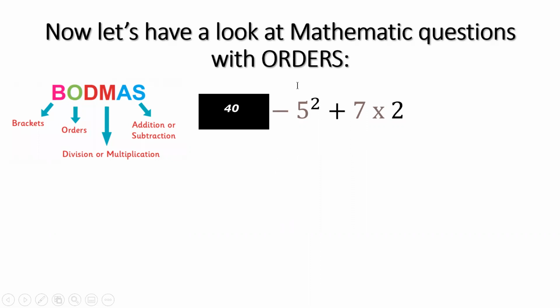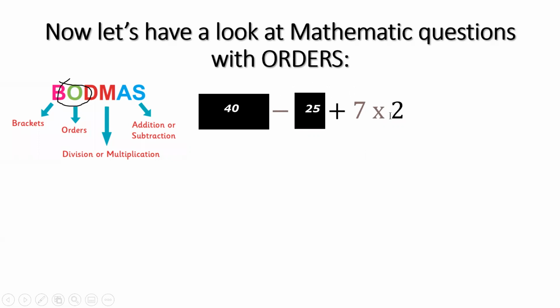So I've got subtract, squared, which is orders, plus and multiply. So what comes first out of all of those? It's the O. So that's the thing I need to solve next. 5 squared, which is 25. So let's put 25 here. Okay, so now what do I have? I have subtract, I have add, and I have multiply.